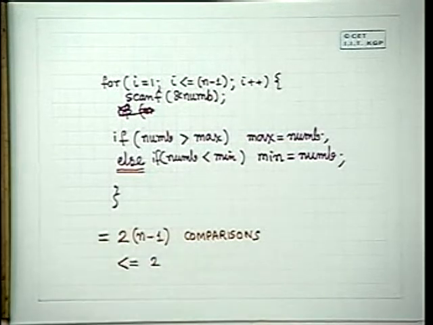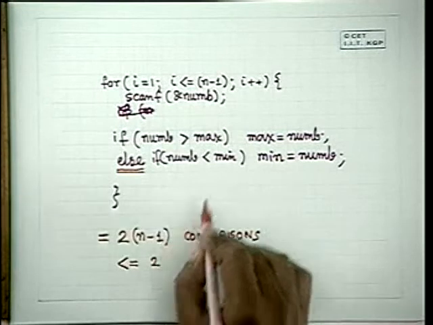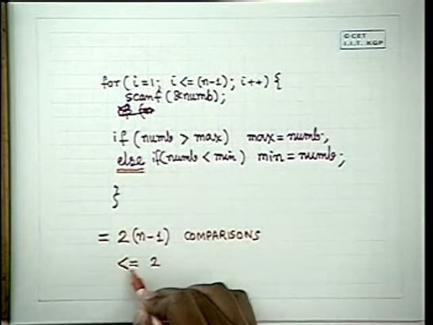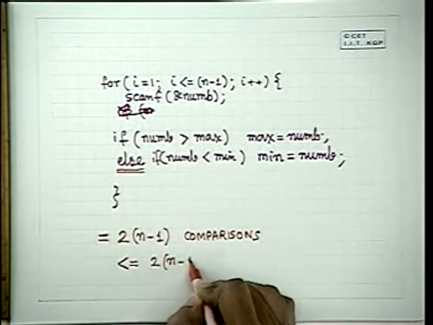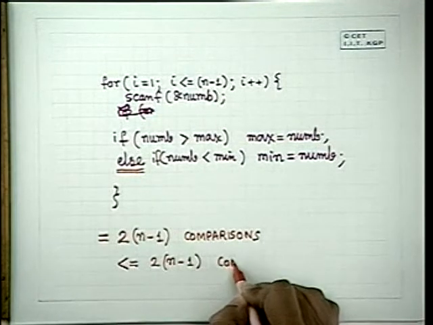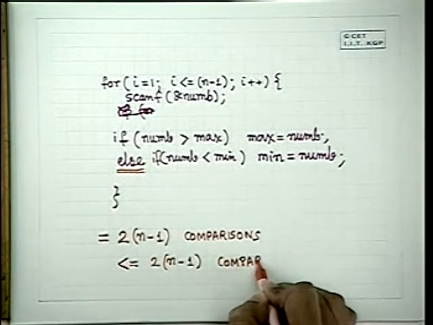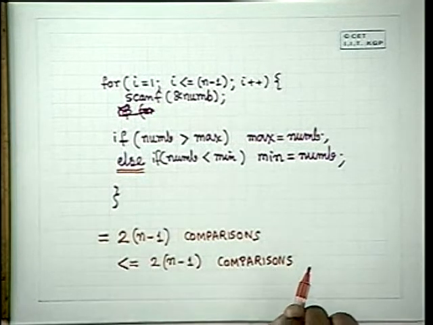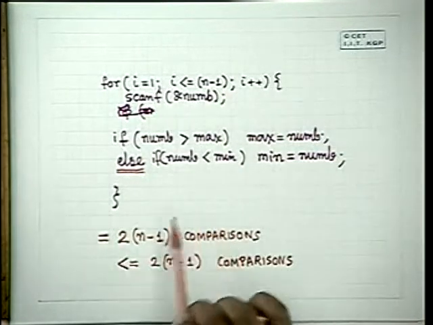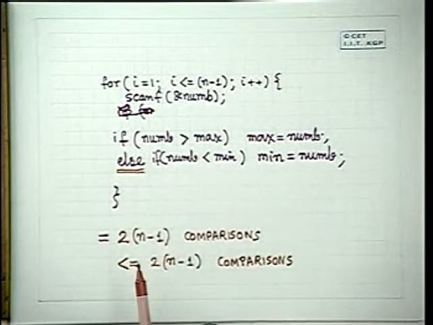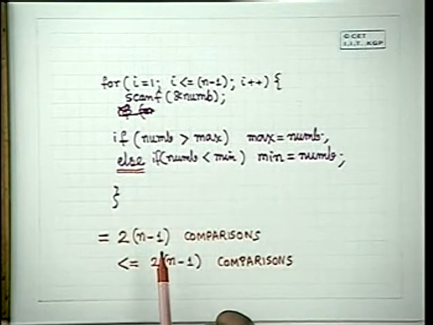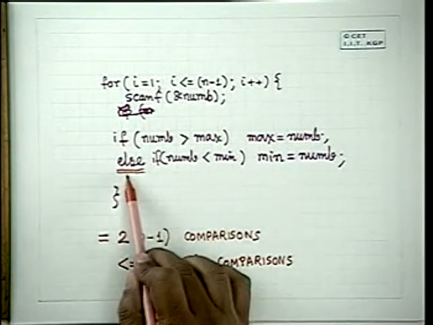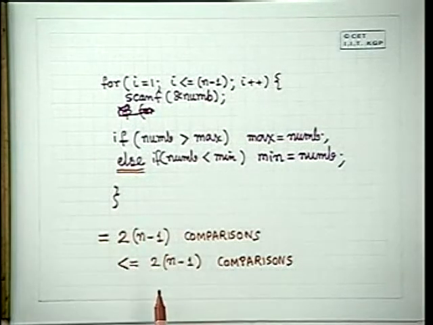The previous one made exactly 2 into n minus 1 comparisons and only one assignment. In the other situation, we made less than or equal to 2 into n minus 1 comparisons and one assignment. All other things remaining the same, this matter actually dictated the difference between the two programs. Therefore, this program with the else was considered to be better than the other program.